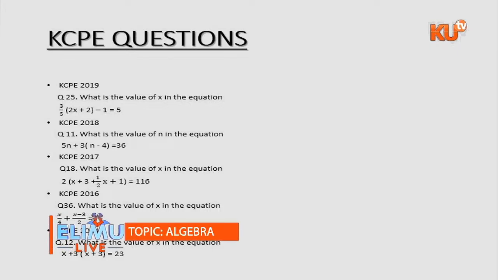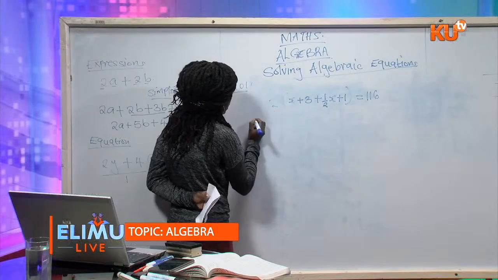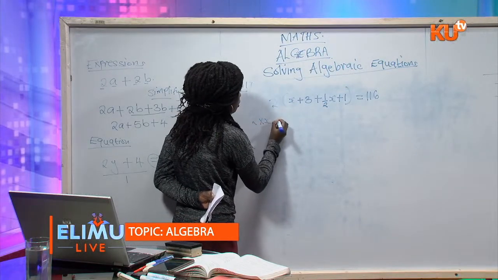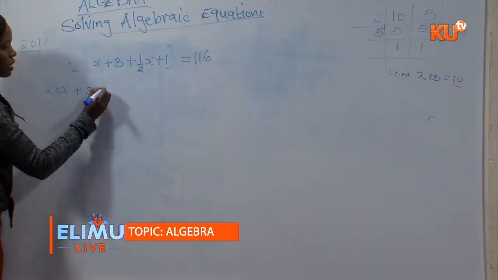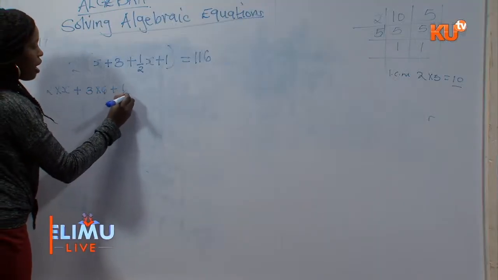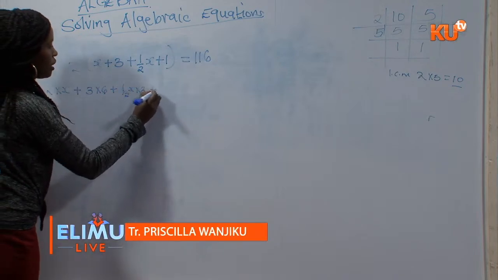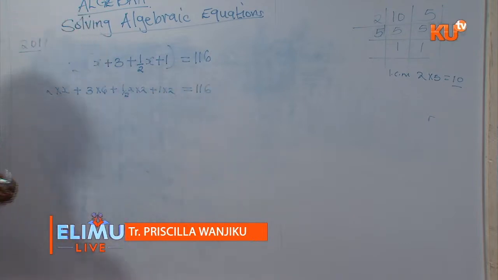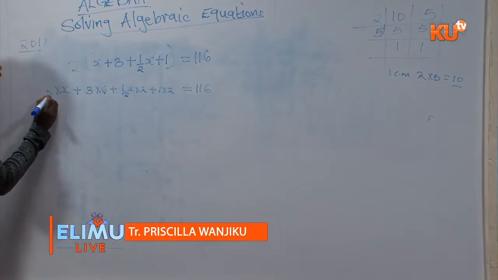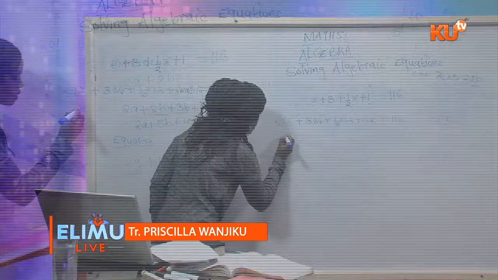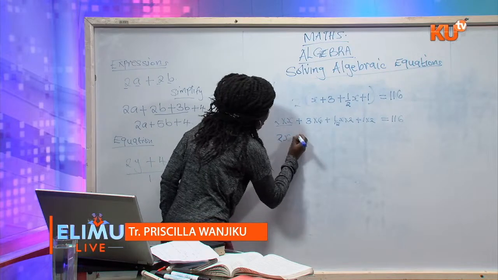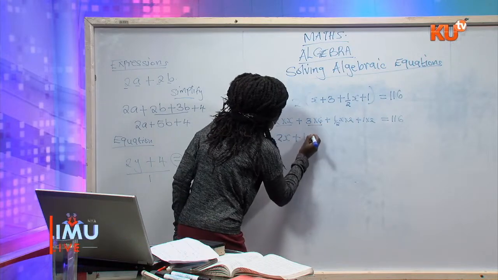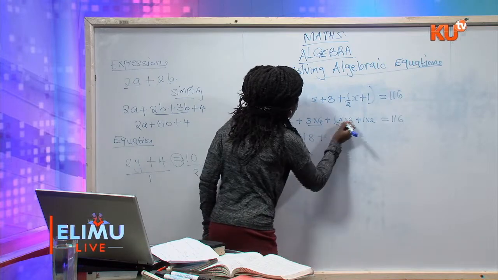With a bracket, the first thing to do is to open it up. So we open up the bracket. What is inside, multiply by what is outside. So we are going to have 2 times x plus 3 times 6, plus a half x times 2 plus 1 times 2 is equal to 116. 2 times x, we get 2x, plus 3 times 6, we get 18, plus half x times 2.